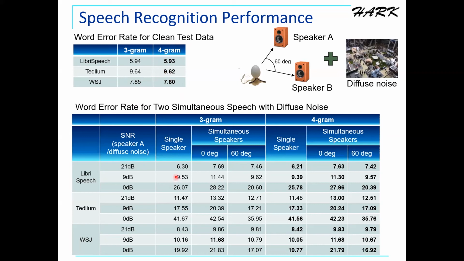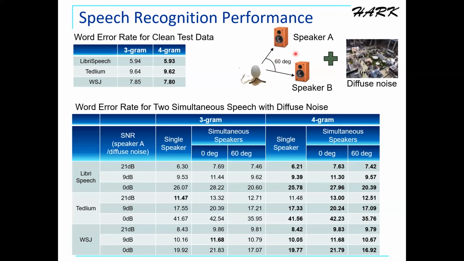In this case, the setting was like this. We put Tamago, which is an 8-channel microphone array, here. And we also put two speakers, which are 1 meter away from the microphone array. These two speakers are 60 degrees away from each other.